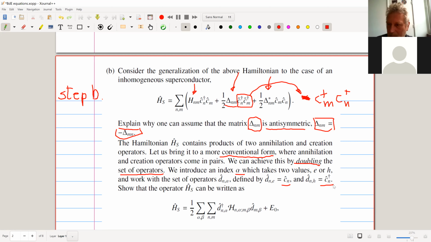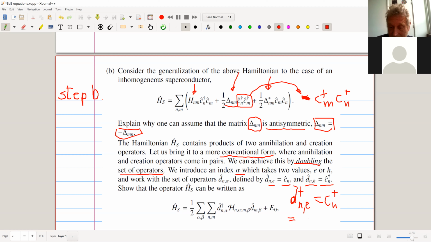So why is it a doubling of the set? If I consider, for instance, the conjugate of what I have here, c_n^E, this is c_n conjugated, but we can use this.